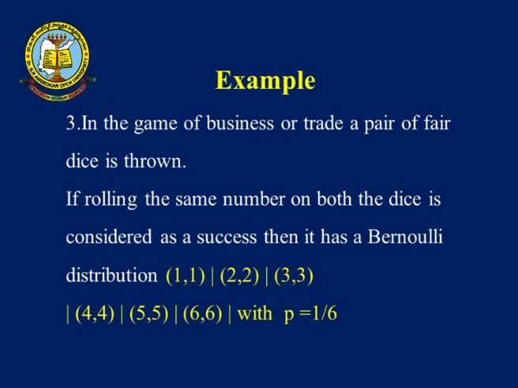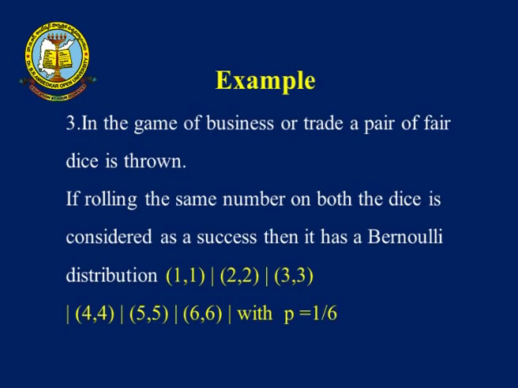No, any one of these 6 possible outcomes will occur. So, the probability is 1 by 6. Why 1 by 6? 6 are the total exhaustive cases of 2 fair dice with the same number, and getting any one of them is the favorable outcome. So, that probability is 1 by 6.